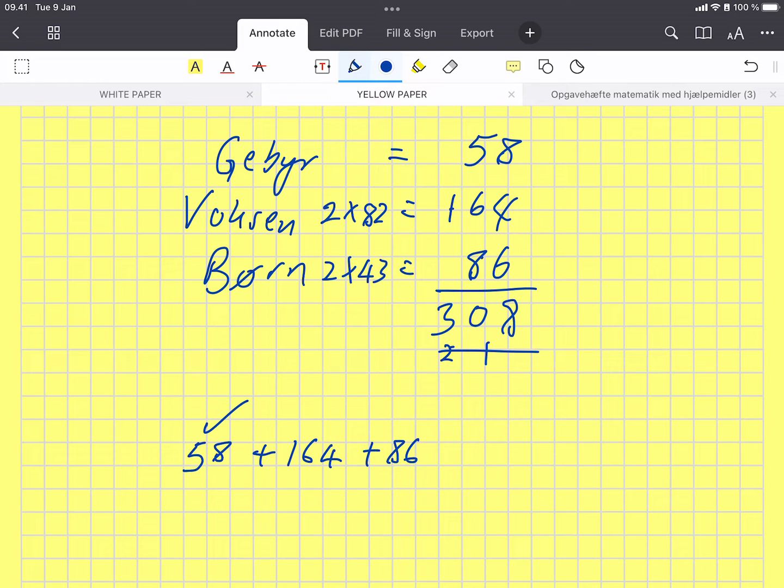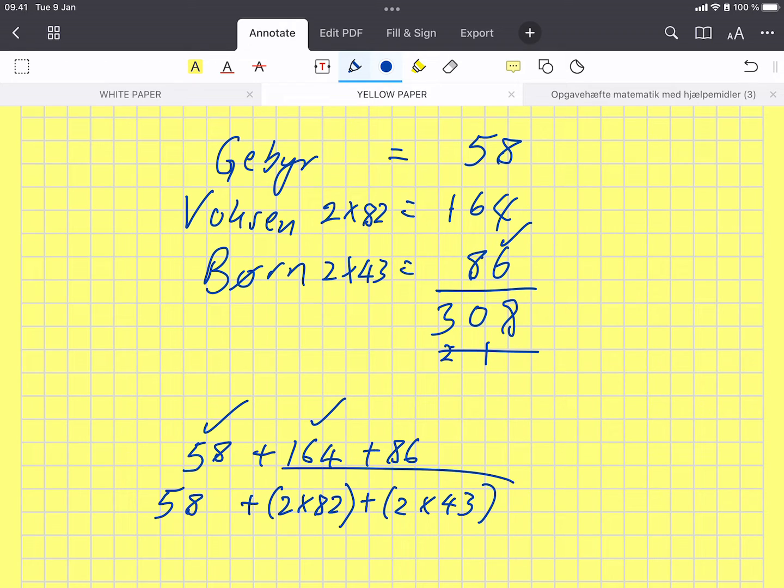Where did I get my 58 from? Well, that was just in the question. Where did I get my 164 from? Well, that was 58 plus 2 times 82 made the 164. And where did I get the 86 from? I got the 86 from 2 times 43.